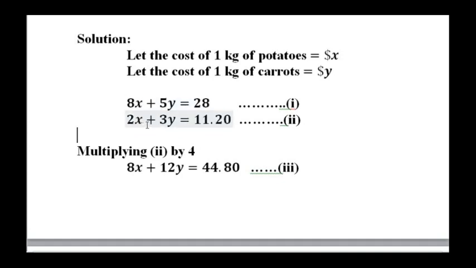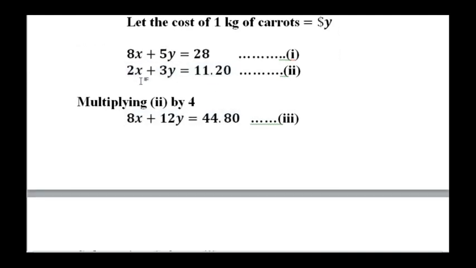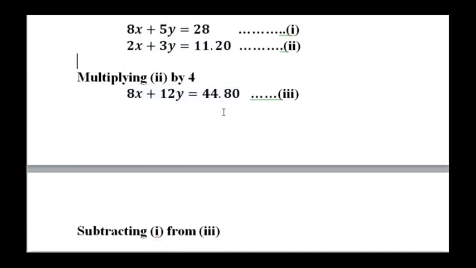To eliminate the variable x, I'll multiply equation 2 by 4. So equation 2 becomes 4 times 2, 8x, 4 times 3, 12y, and 4 times 11.20 is 44.80. Now I'll name this equation as our equation number 3.